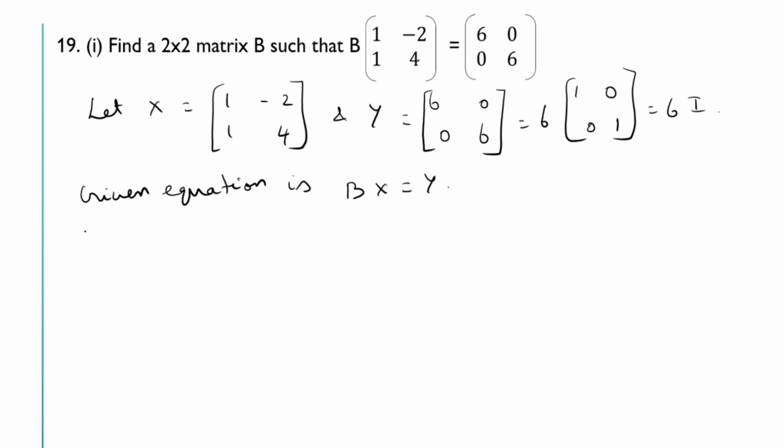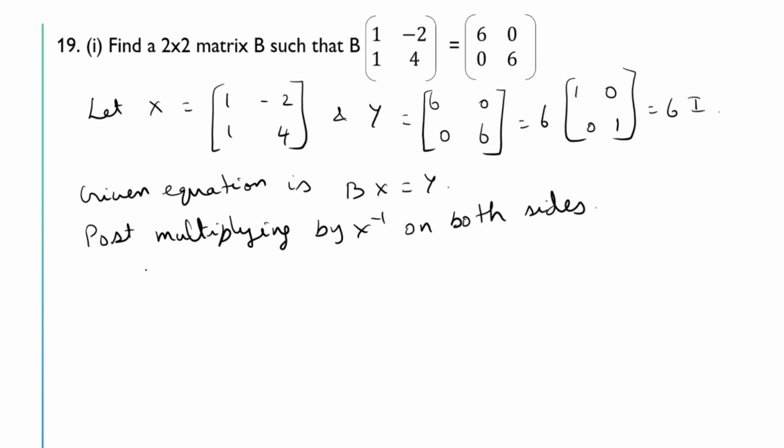Now we can post multiply by X inverse. So post multiplying by X inverse on both sides, we get BX X inverse is equal to Y into X inverse, or this is equal to B into I is equal to Y, which is nothing but 6I into X inverse.